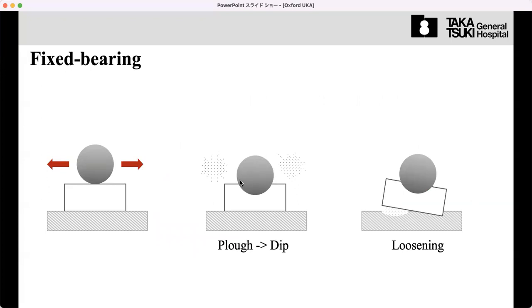Furthermore, the wear makes polyethylene particles that also cause loosening and osteolysis of bone. Due to these two reasons, with fixed bearings, after more than 10 years, bearing wear and subsequent loosening are very frequent.